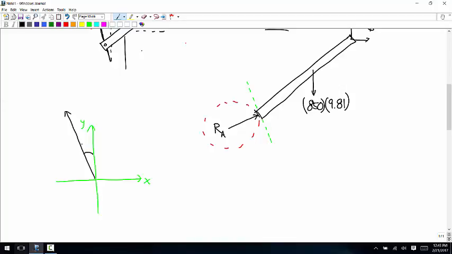So we know that this angle is 20 degrees. That's what we're given in the problem. We know it's 20 degrees from the vertical. And we know that this force is 90 degrees from the slot. That's RA.